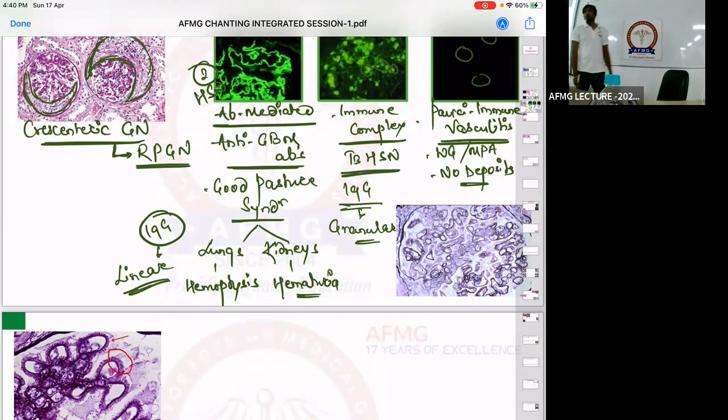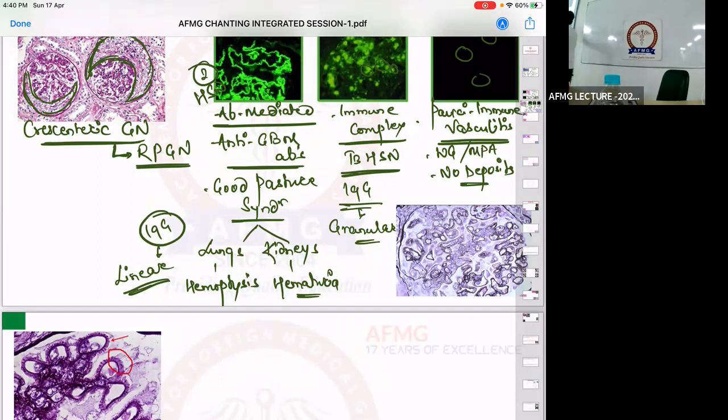Anybody? P or C ANCA? C-ANCA. Wegener's granulomatosis has C-ANCA, and microscopic polyangiitis and Churg-Strauss syndrome have P-ANCA. Important antibody here.